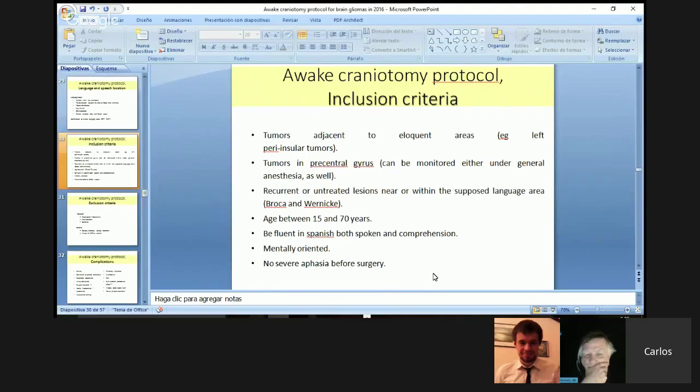Age between 15 and 70 years. Be fluent in Spanish or English, or the language of the country of the patient, both spoken and comprehension. Mentally oriented, no severe aphasia before surgery.